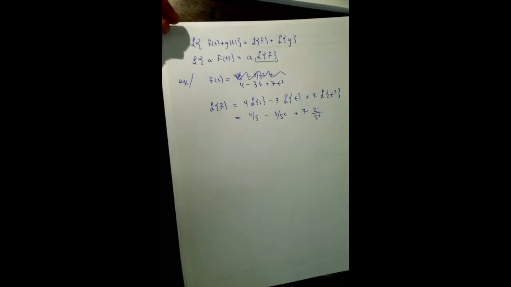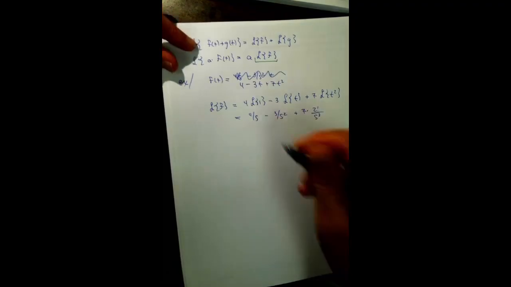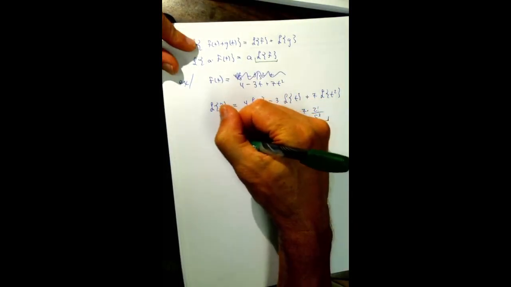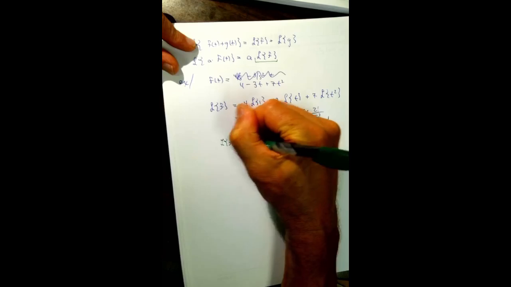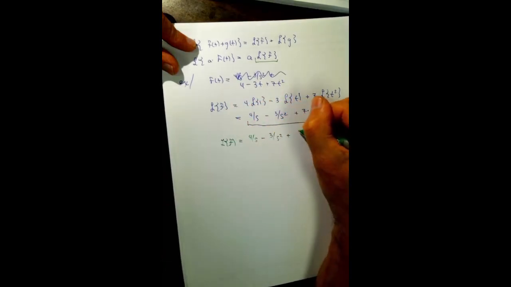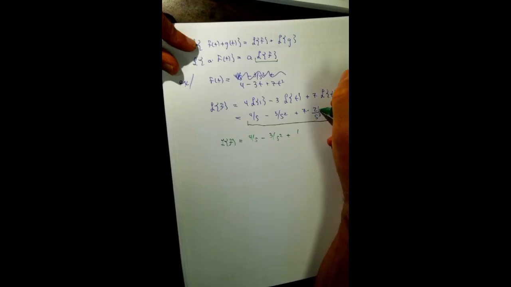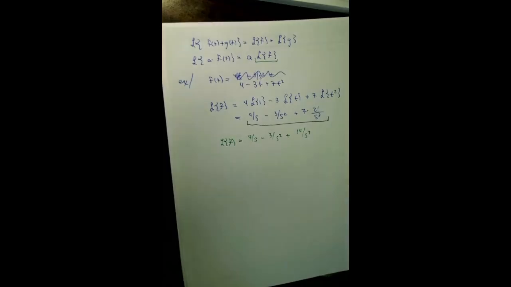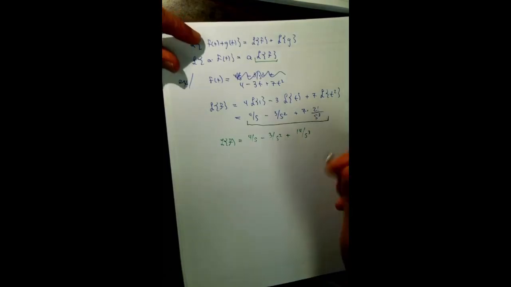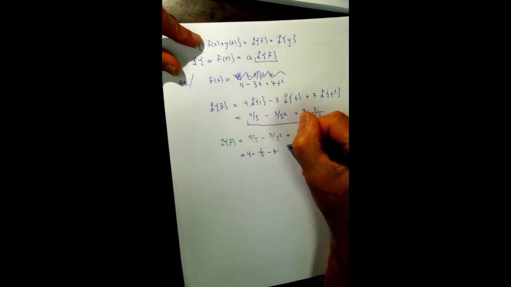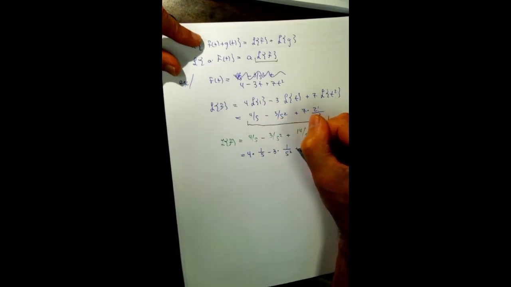By the way, notice if I start with this, how do I go backwards? So if I know that the Laplace transform of f is 4 over s minus 3 over s squared, and 2 factorial is just 2 times 1, which is 2, so this is 14 over s cubed. I can write this as 4 times 1 over s minus 3 times 1 over s squared.